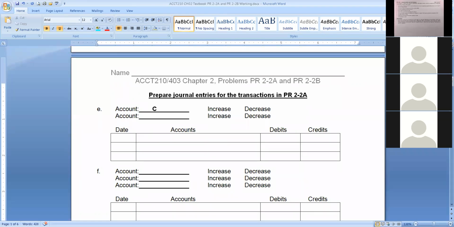Okay, let's see here. Sales commissions?